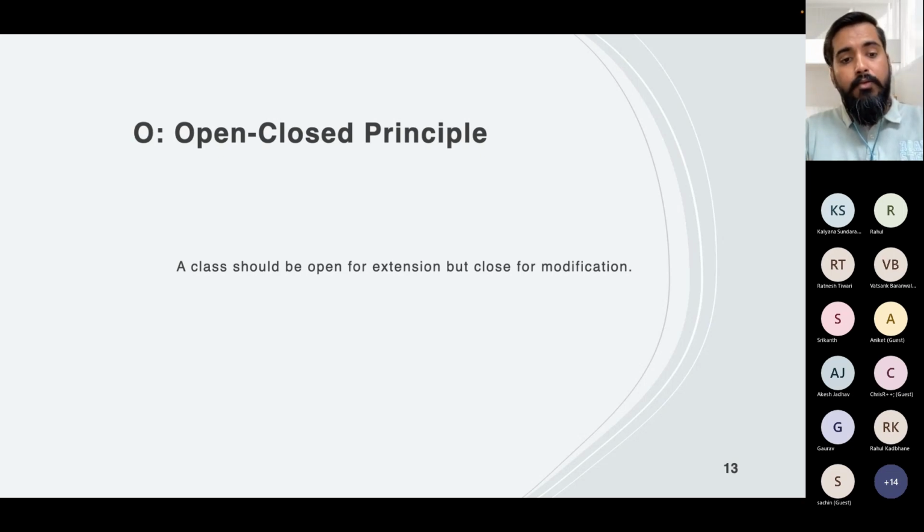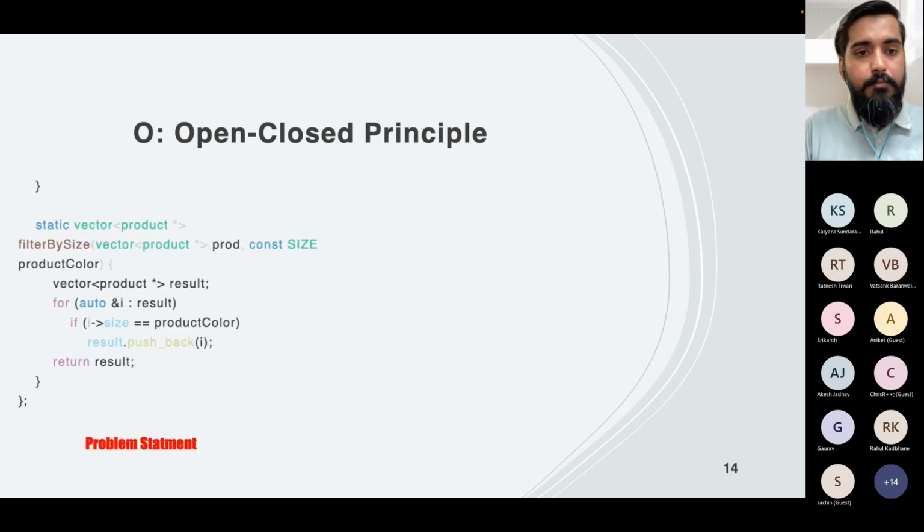Okay. So if a class is closed, since it may be compiled, stored somewhere, it is closed, you are not going to change that, but it's open for extension. You can derive new classes. So let's see one example here.